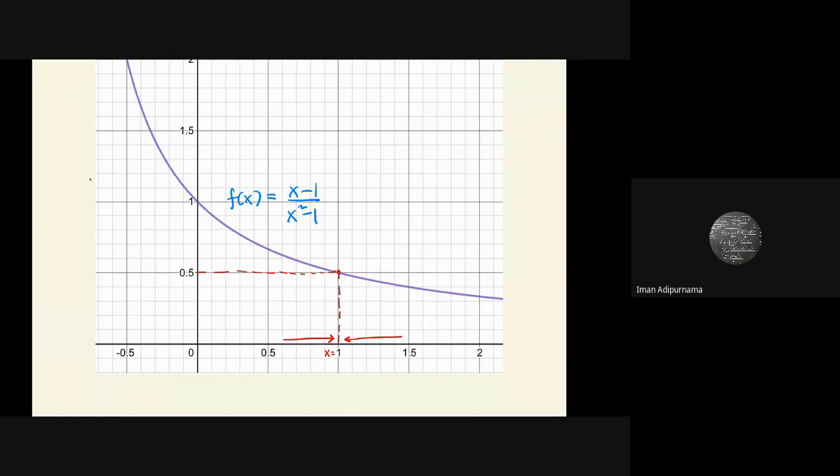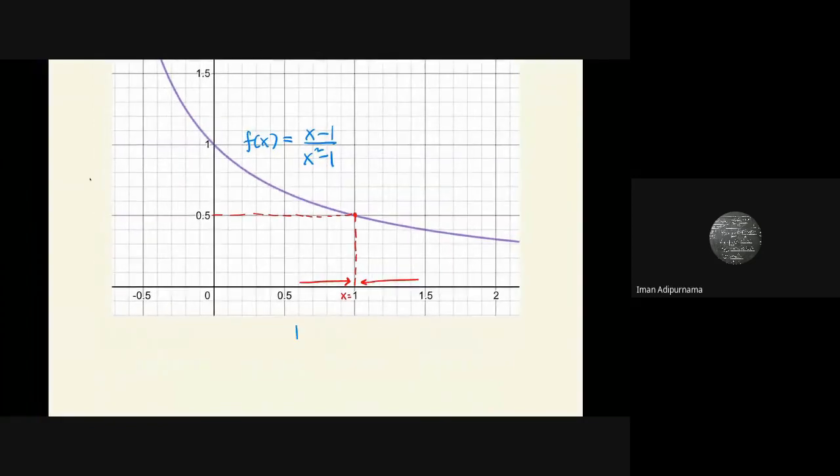In our limit, as x approaches 1, our function goes to some value, 0.5. I will tell you how to evaluate limits later, but from this graph only, its limit is 0.5.